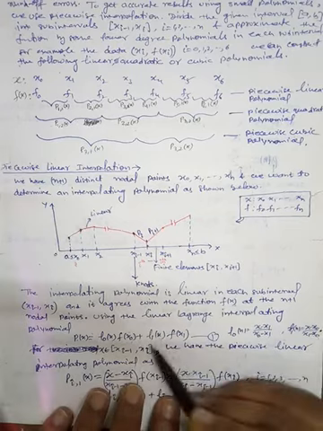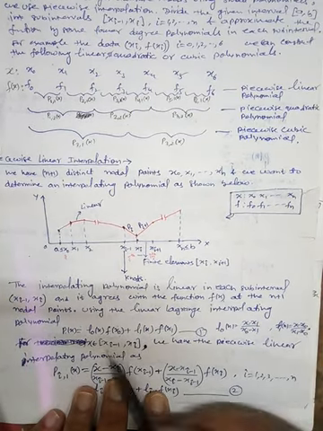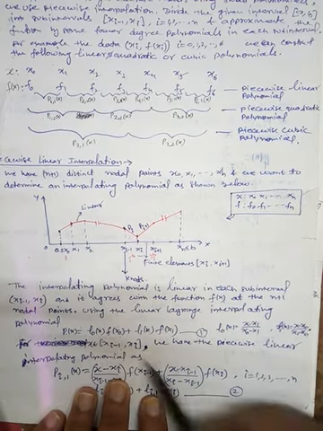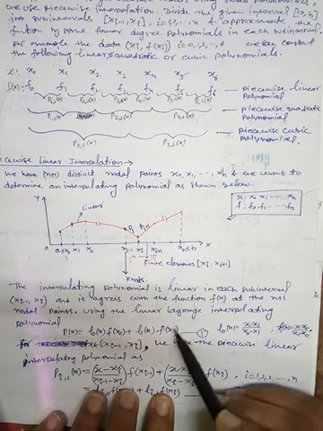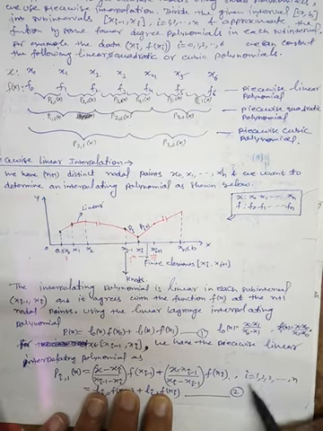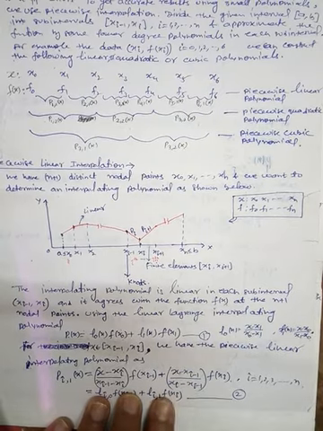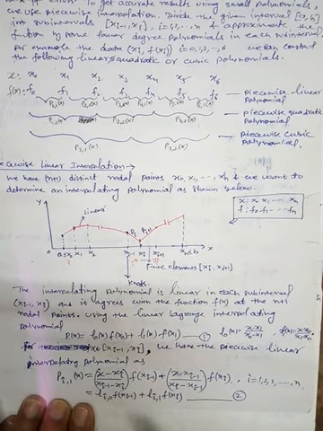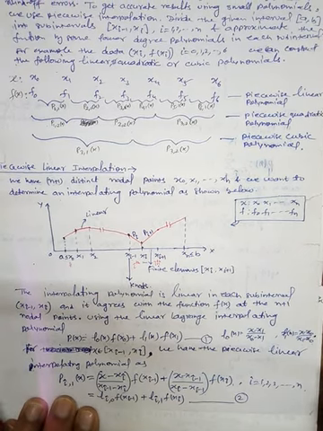Plus, now write down L1 of x: replace x0 by xi minus 1 and x1 by xi, so we get x minus xi minus 1 divided by xi minus xi minus 1, multiplied by f of xi, where i varies from 1 to n. So ultimately we can have n number of polynomials. This is about the linear interpolation polynomial.